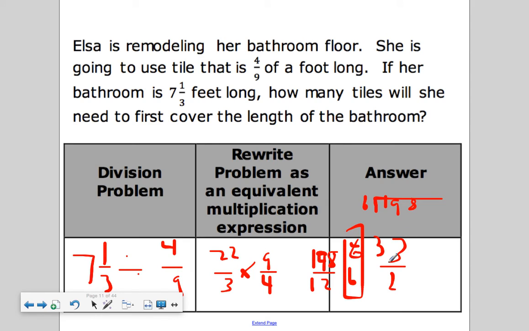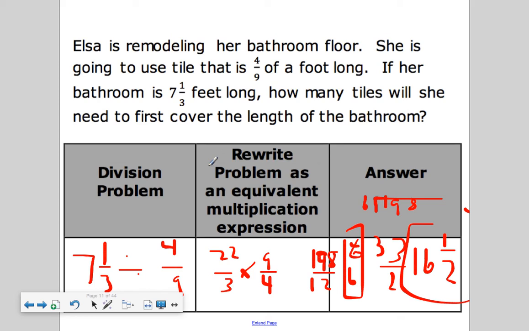And so, how many 2s go into 33? It goes in 16 times with 1 left over. So 16 and 1/2. So how many tiles will she use? 16.5 tiles to cover the bathroom floor.